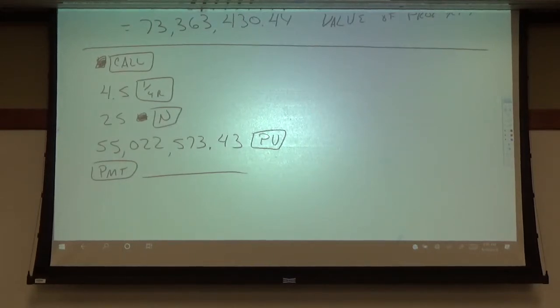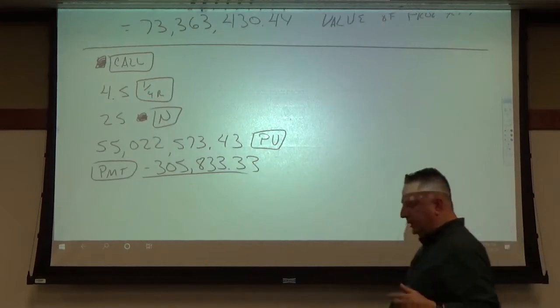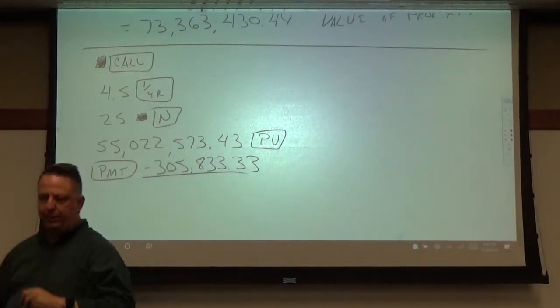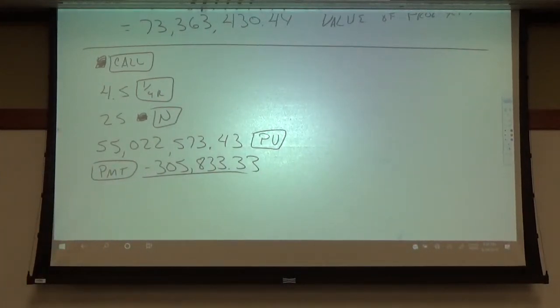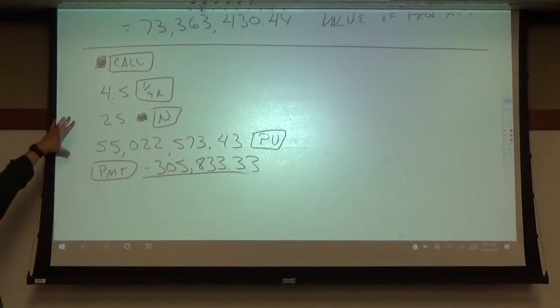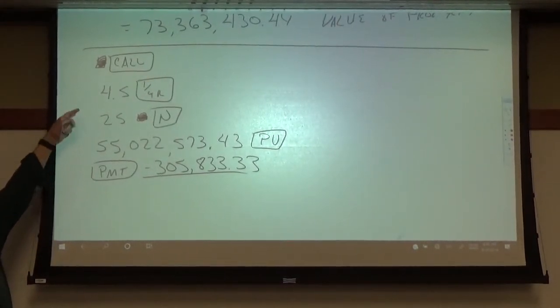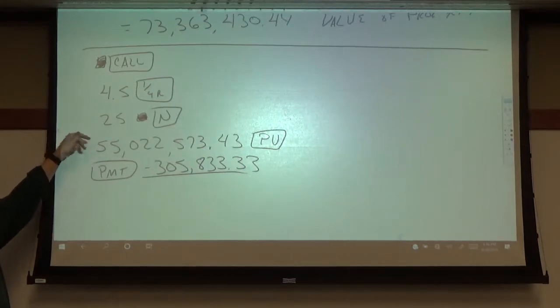-305,833.33. Yes? Okay. So everything matches up. Now here's the thing. Just a couple of quick little calculator things to make sure that you understand the order you put things in and what matters, what doesn't. Okay, your three input variables, the interest rate, the term, the present value.